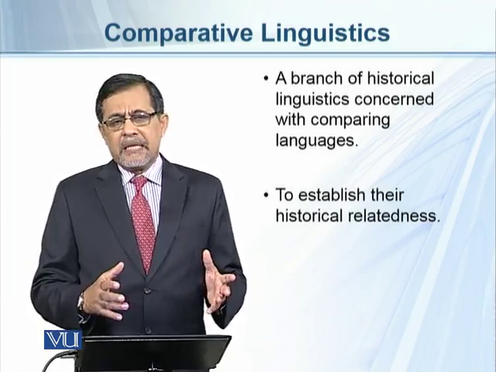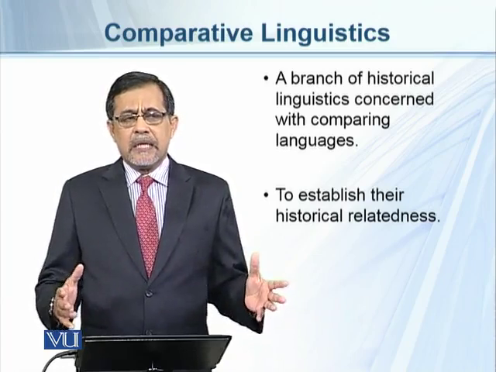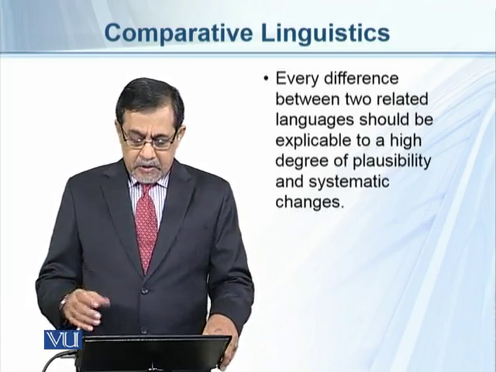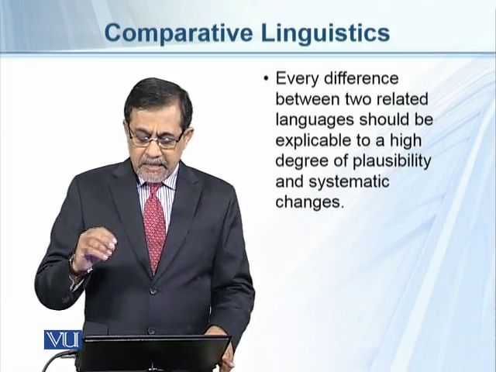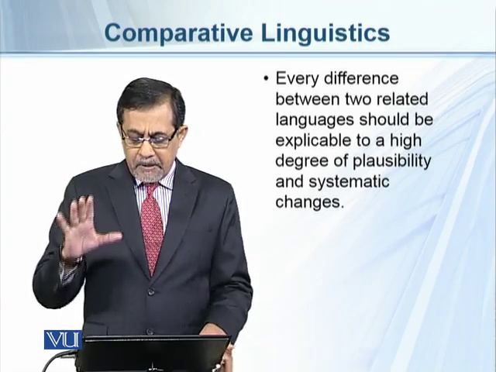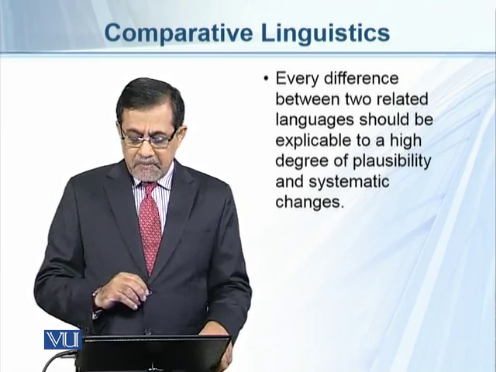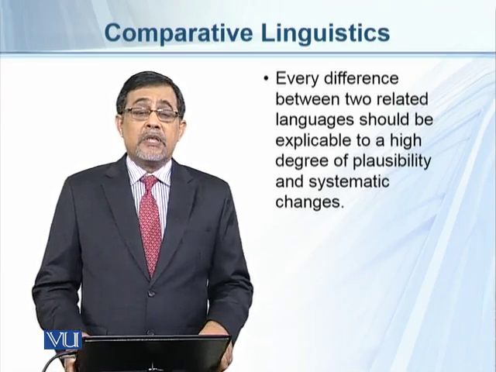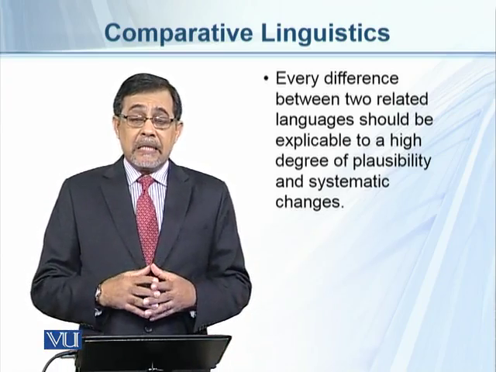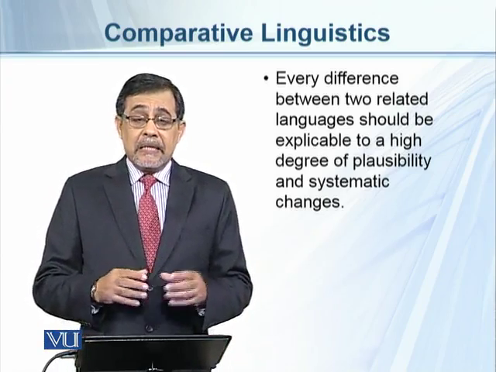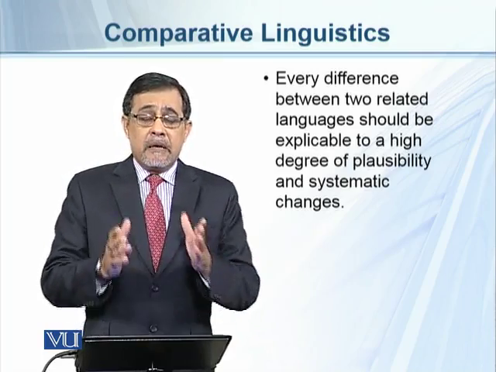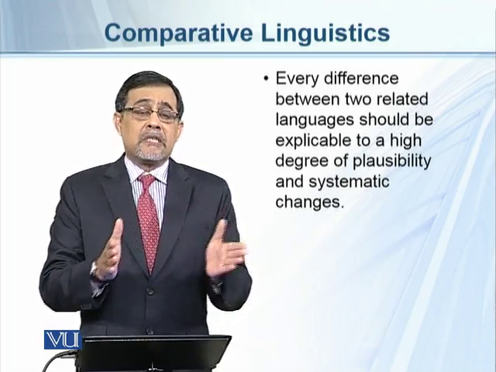What are their similarities? What are their dissimilarities? Every difference between two related languages should be explicable to a high degree of plausibility and systematic changes. So the linguist must point out changes that are very much systematic.